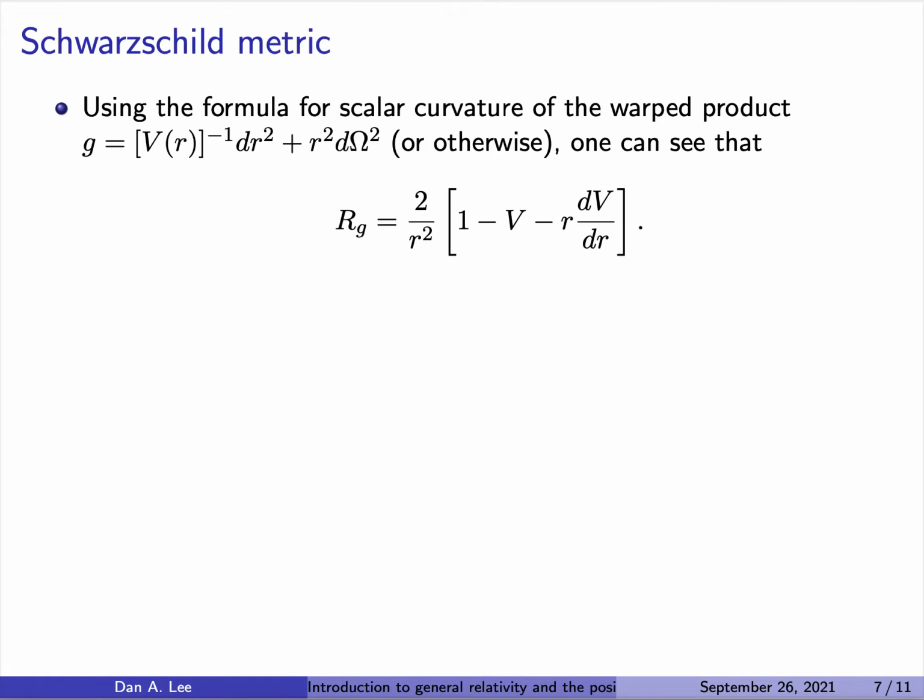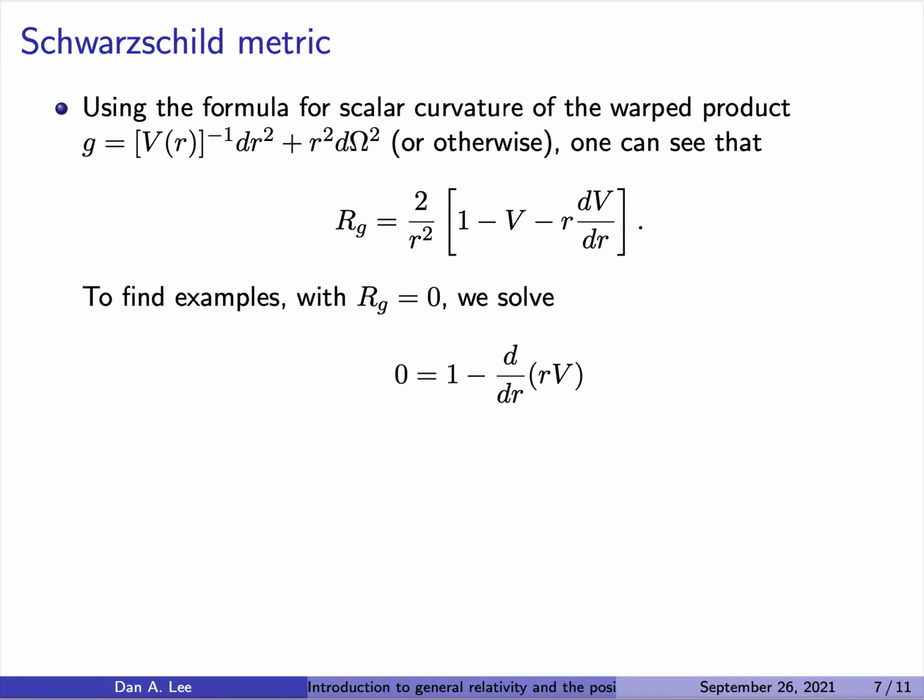The formula that you get for the scalar curvature of a metric G in this form is 2 over r squared times 1 minus v minus r dv/dr. Now remember, we're interested in when the scalar curvature is 0. So we're going to solve for when the scalar curvature is 0.